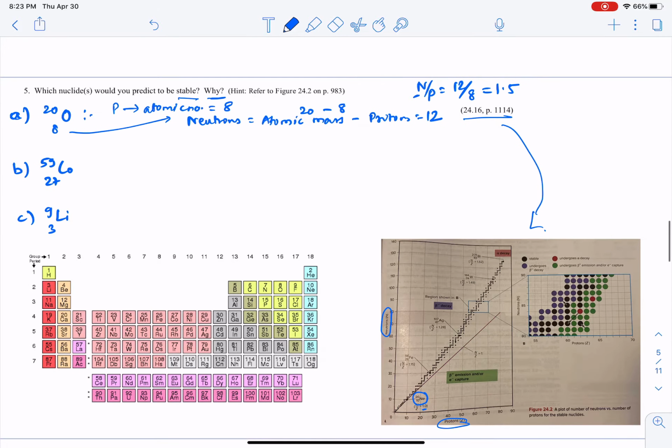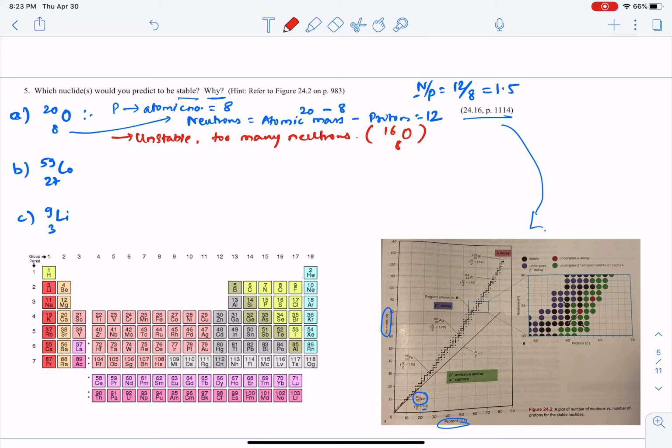So our result will be unstable, too many neutrons. You can understand this when you compare it to your periodic table. Here we don't have the atomic mass, but normally oxygen has around 16, so 20 is too far from 16. That shows there are too many neutrons.